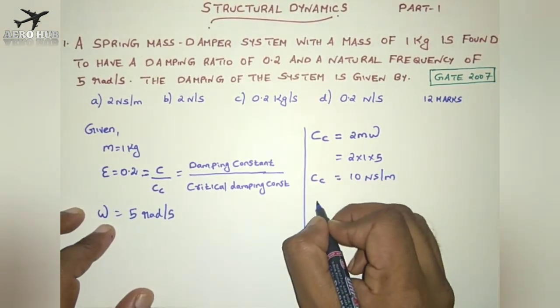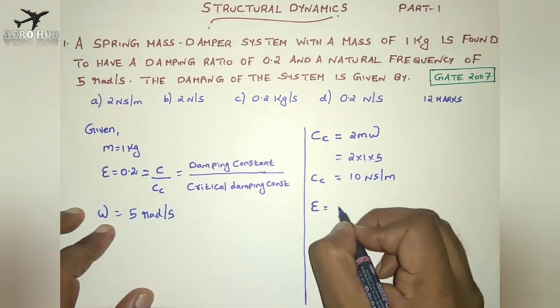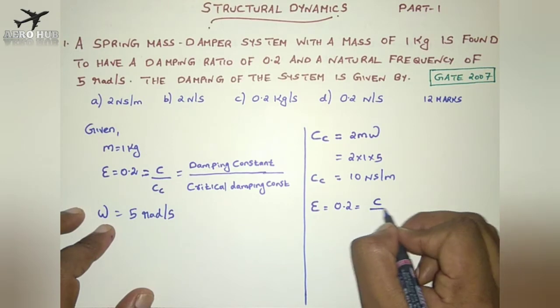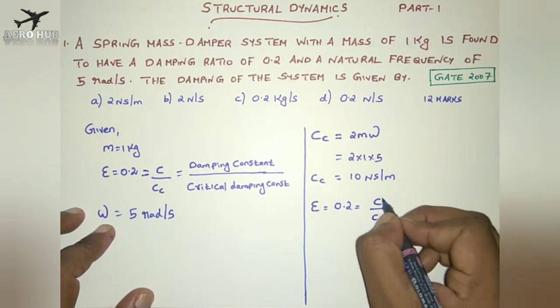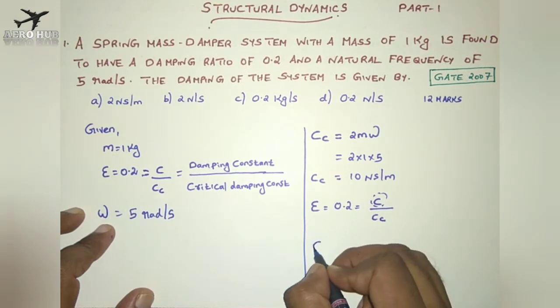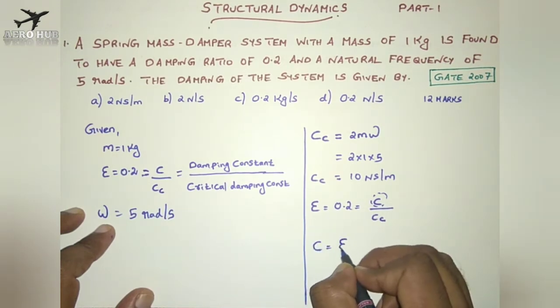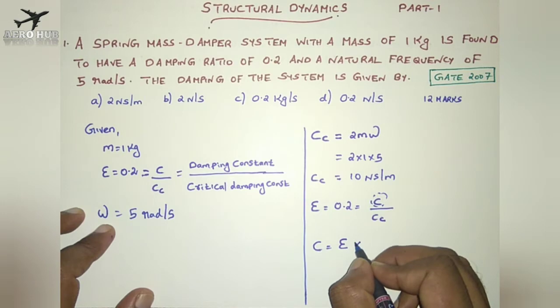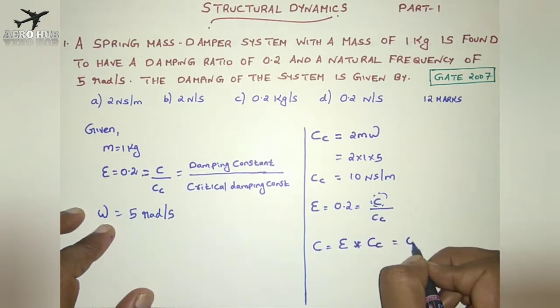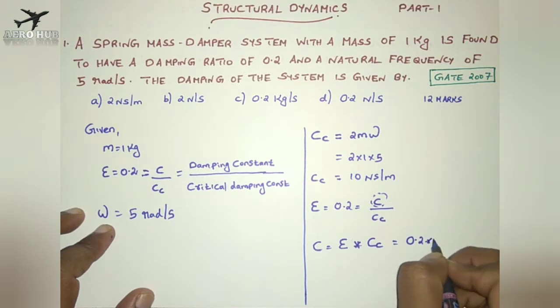So epsilon is equal to 0.2, which is equal to the damping constant divided by the critical damping constant. We need to find the value of C. So C is equal to epsilon, the damping ratio, into the critical damping constant. It will be 0.2 into 10.